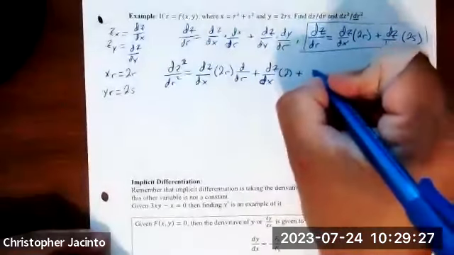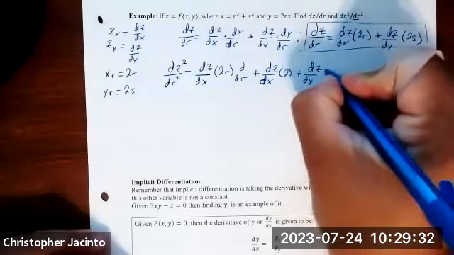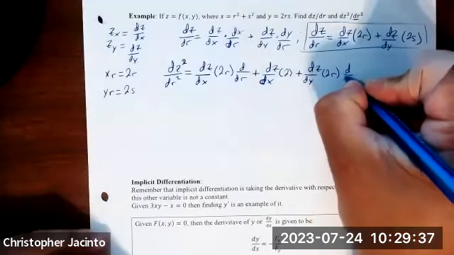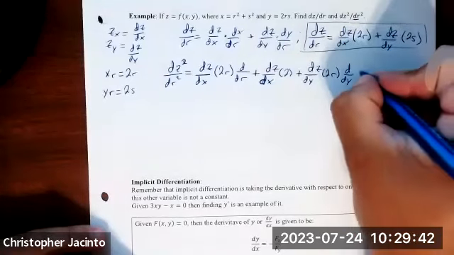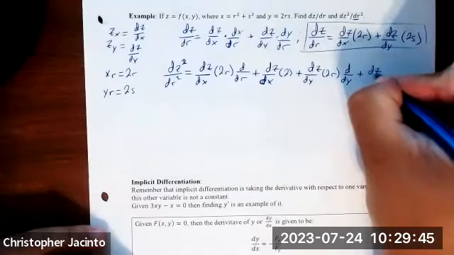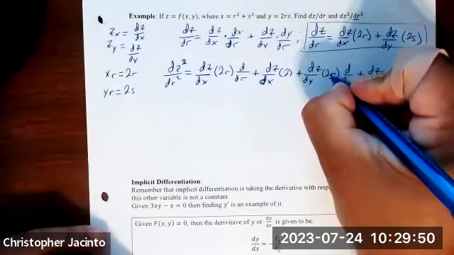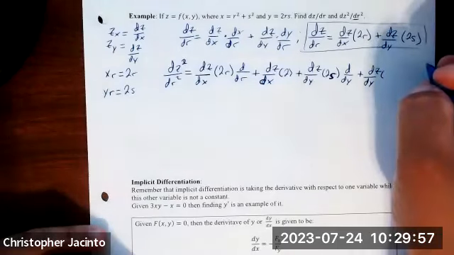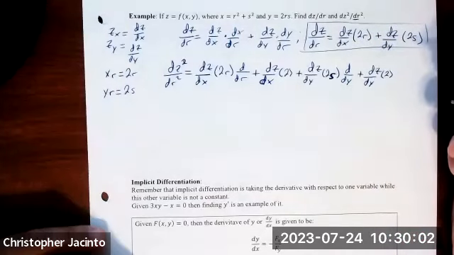So plus dz dy times 2r times the derivative of this, which is d dy. Plus dx dy times 2r, or sorry, 2s.